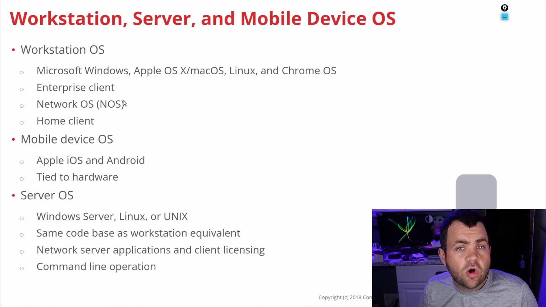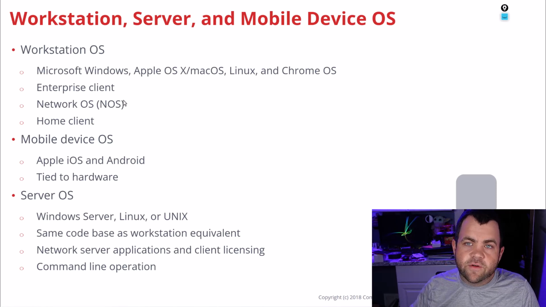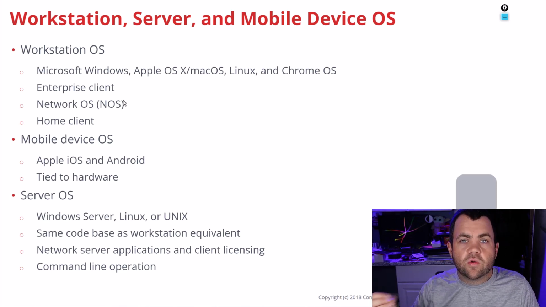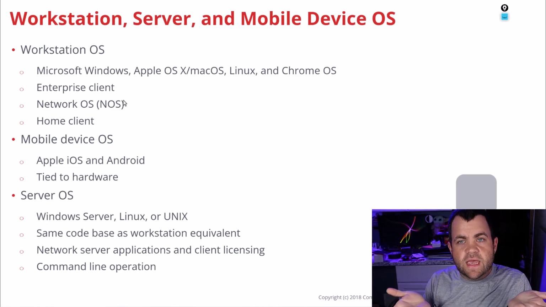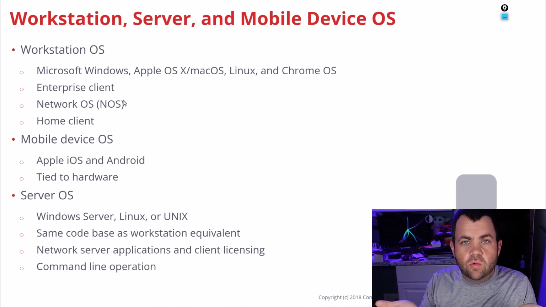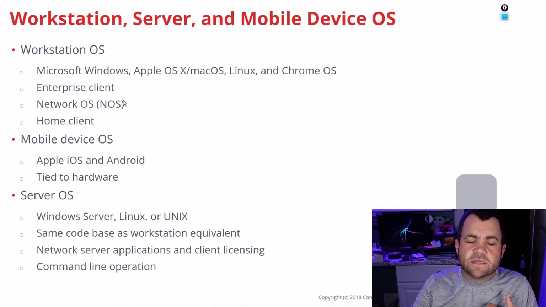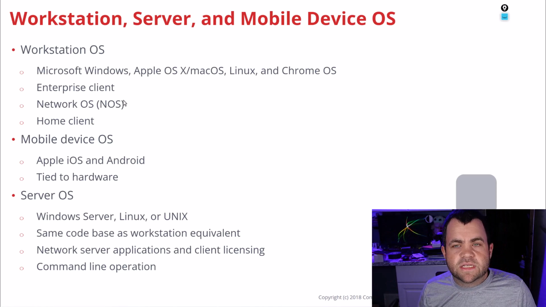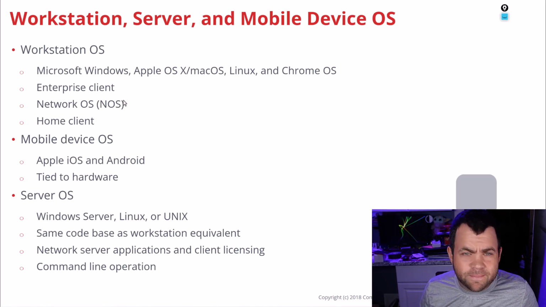So for example, a web server is going to host a website, and from our workstation operating system, we request that website from that server. The server's standing there saying, hey, I have this website here, who wants it? And then our workstation operating system, or even our mobile device operating system, can reach out and pull that website down, okay? So again, at the core, there's not a lot of big differences.